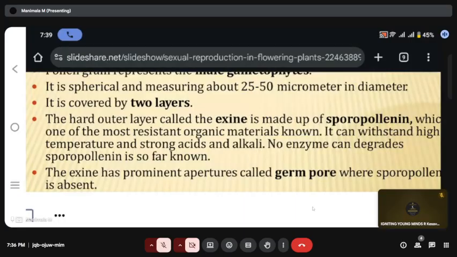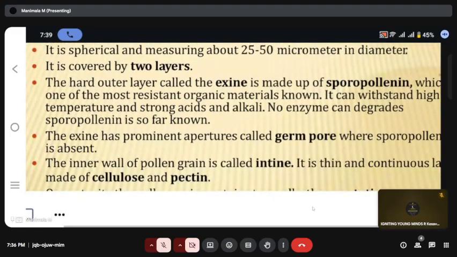No enzymes or microorganisms are able to degrade it. Pollen grains can withstand a long time in the atmosphere, and that is due to sporopollenin only. This is an important character of pollen grains.